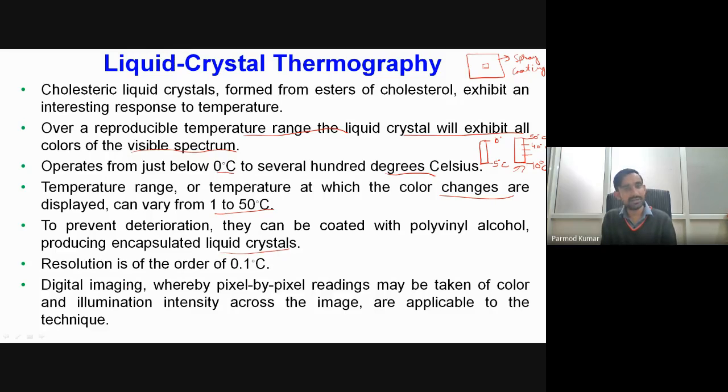Okay, so the resolution of measurement of temperature is around 0.1 degrees Celsius. Then digital imaging, where pixel by pixel readings of color and illumination intensity across the image may be taken, is applicable to the technique. So what we will be doing is taking the photograph, and then processing it using image analysis, for obtaining the corresponding value of the temperature.